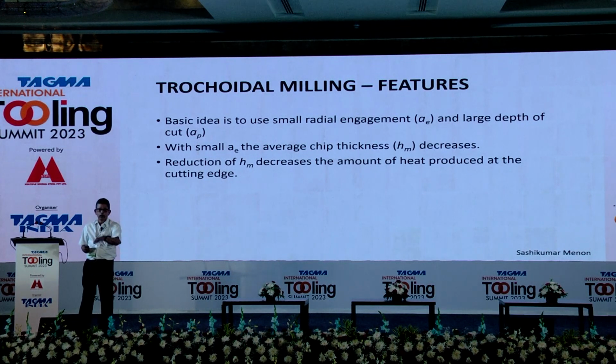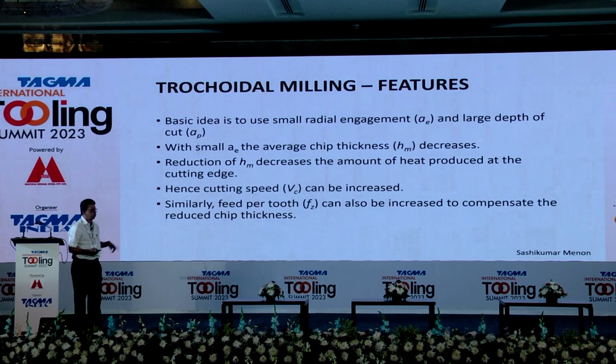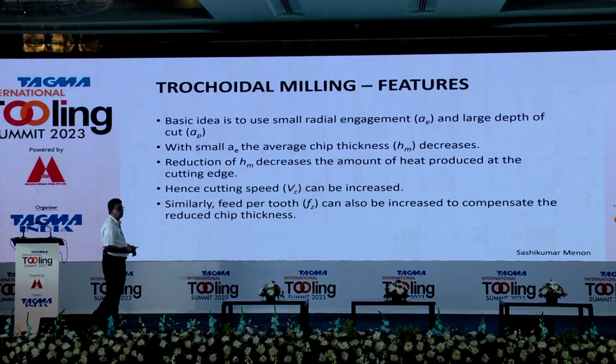Now, what's the advantage of that? You can use high cutting speeds, because cutting speed is the major reason for developing heat, as all of us know. Because of the low AE, you can increase the cutting speed. Similarly, feed per tooth can also be increased to compensate for the reduced chip thickness.